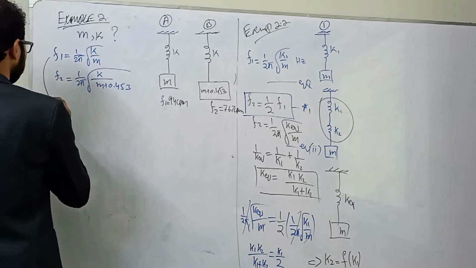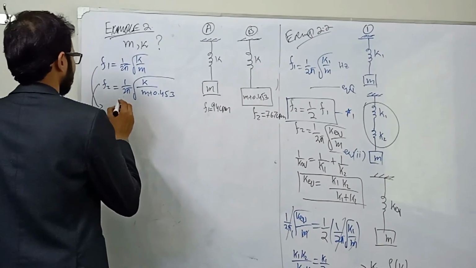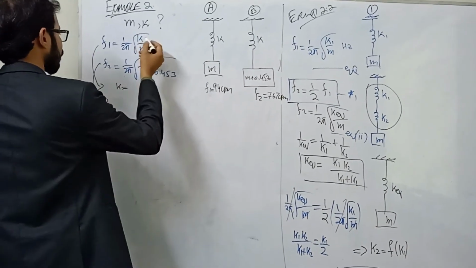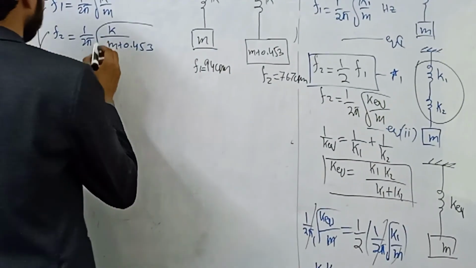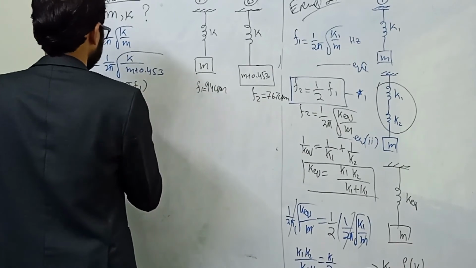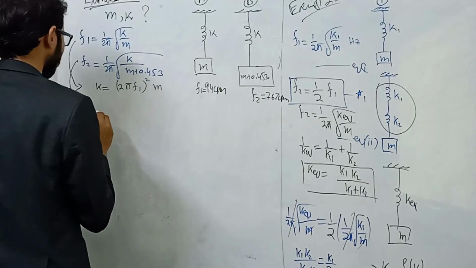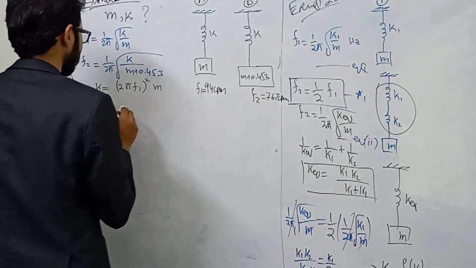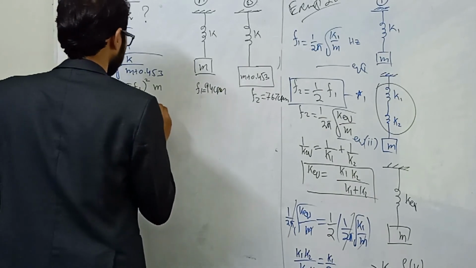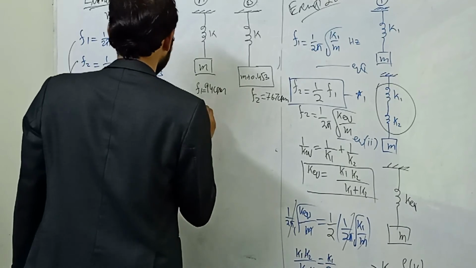Rearranging equation number 1 and equation number 2, please separate the k constant from the above equations. So we will have k equal to 2 pi f1 square into m. This will be the first equation and this will be the second equation. Look here, 2 pi f2 square into m plus 0.453.